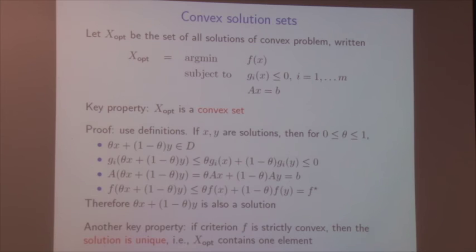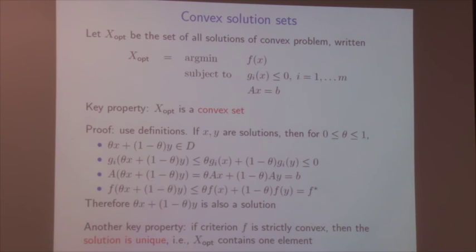And then we have an affine equality constraint, and that too is going to include our convex combination. If f is convex, then by the same argument we used for g, we will still obtain the optimal value, f star, if we input a convex combination of the two solutions we already have.